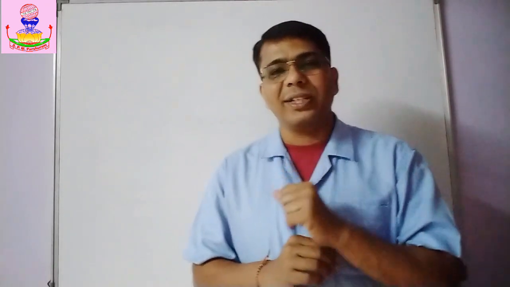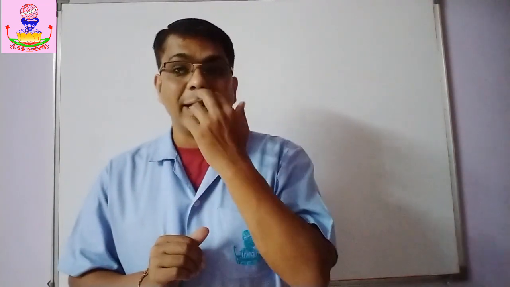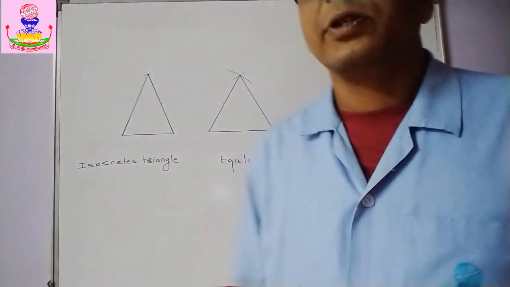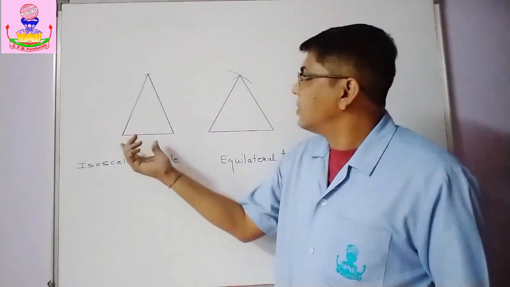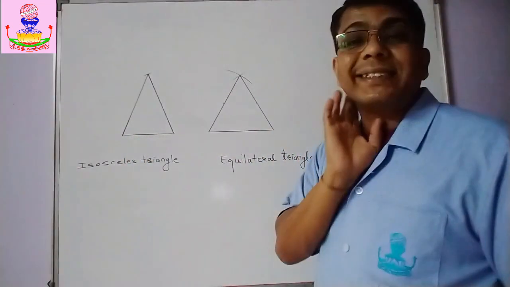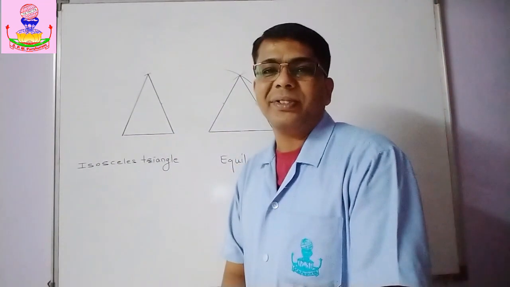I'll tell you. So let us draw first the isosceles triangle and let us see what is the speciality of the altitude of the isosceles triangle. Okay. So I have drawn the isosceles triangle here and this is the equilateral triangle. Now let us draw the medians.